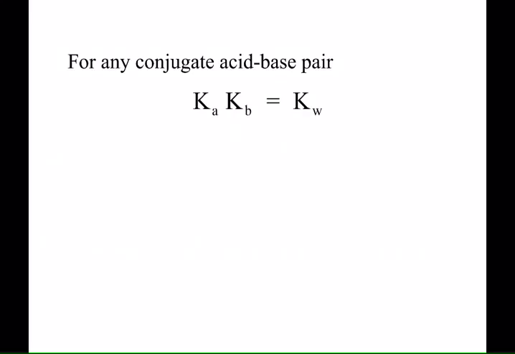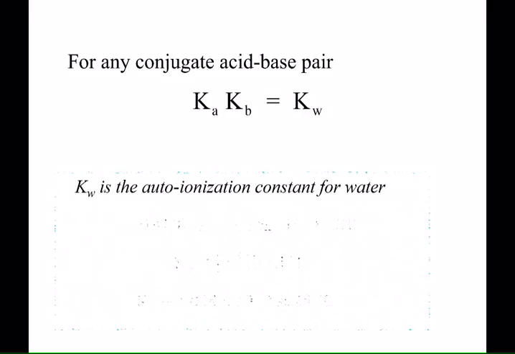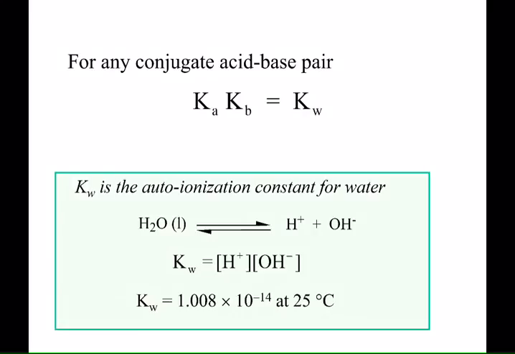For any pair, if you look at the Ka of the weak acid and the Kb of the weak base and multiply them together, you get Kw. This is a little tool you're going to use to work problems later, and I'm going to show you a proof of why that is.